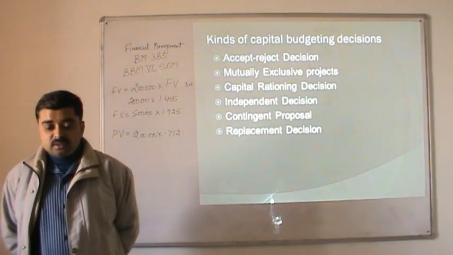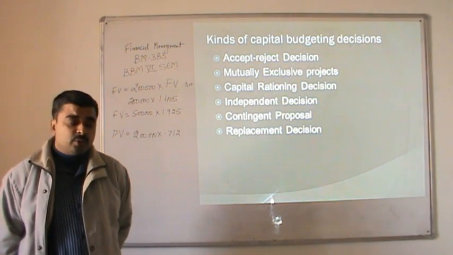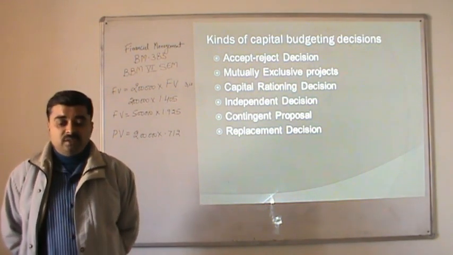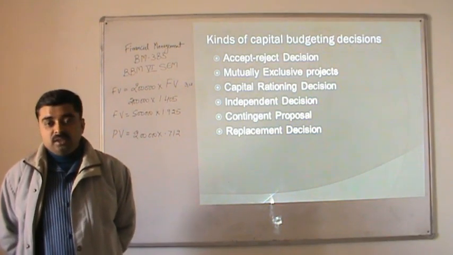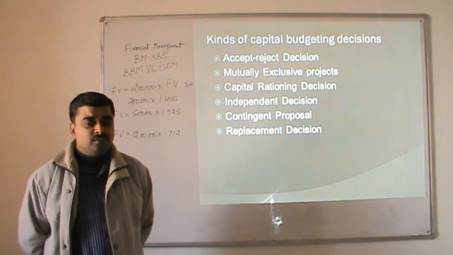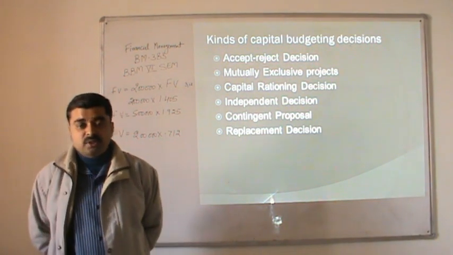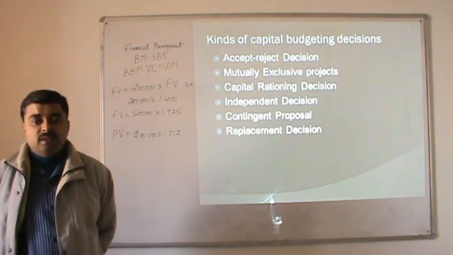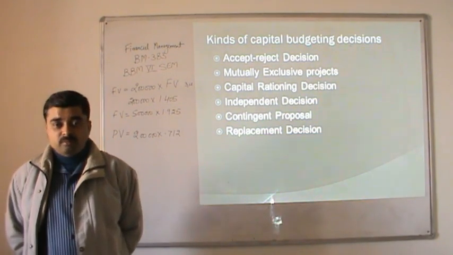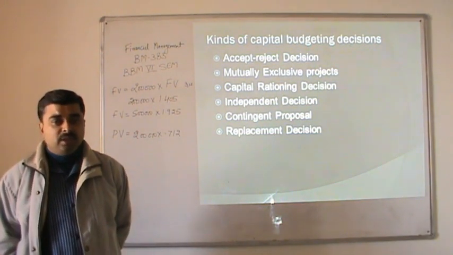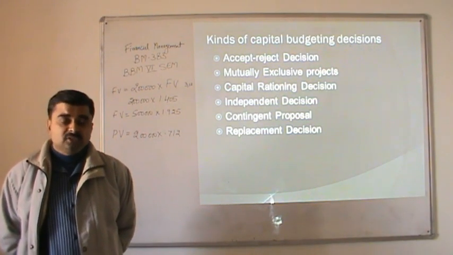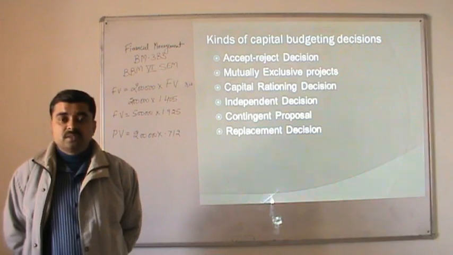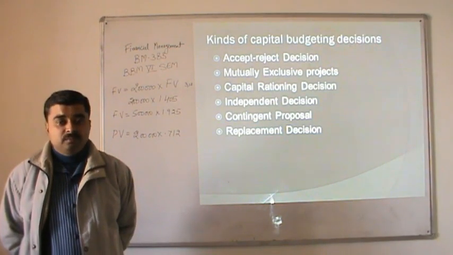So in that case, in place of the current project, a contingent project will be taken due to the contingency. Replacement decision is another decision to be taken, since we know that technology is expanding day by day. New technology is coming into the market and due to the new technology, the efficiency is increasing day by day.